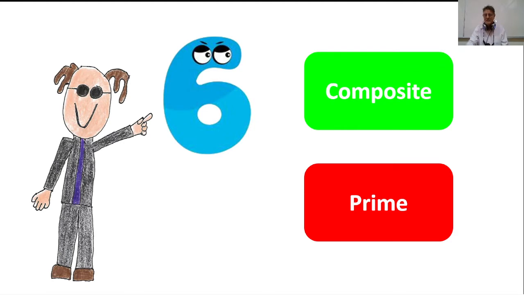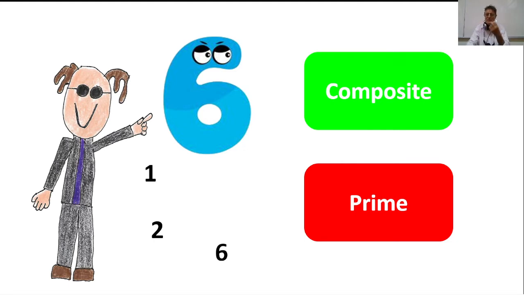How about 6? Composite or prime? What do you think? Well, 6 can, of course, be divided by 1 because every number can be divided by 1. And it can be divided by itself. Why? Because every number can be divided by itself. But are there any other numbers it can be divided by? Can 6 be divided by 2?